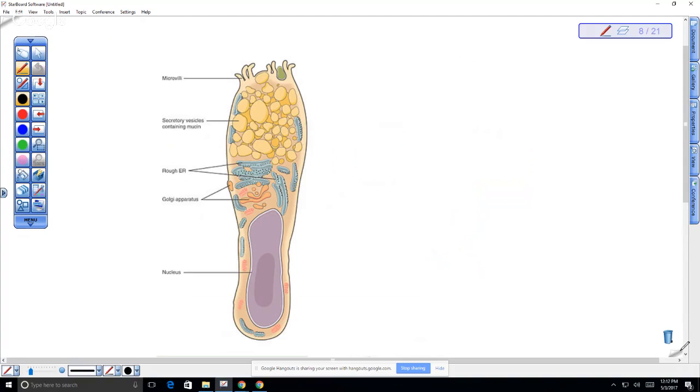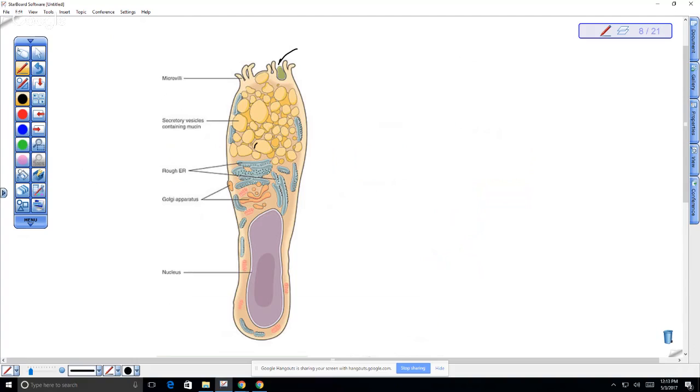So if it's releasing a protein and it's secreting it, is that exocytosis or endocytosis? Exocytosis. So here you can see that this cell is like a factory, right? It has these ribosomes on the rough ER that is producing the protein mucin, and then it gets packaged into vesicles, and the vesicles are transported to the outside.